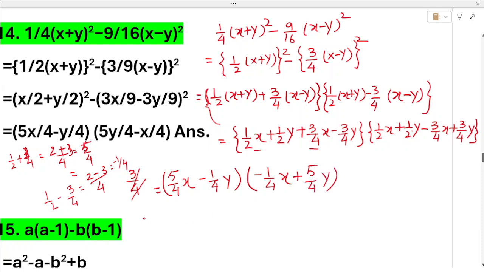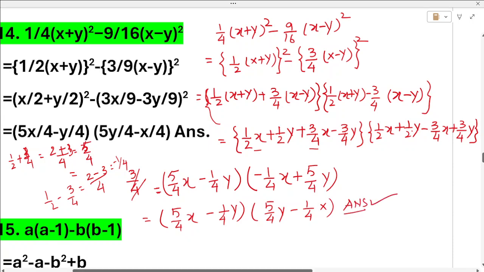So you should put it like this: 5 by 4 x minus 1 by 4 y multiplied by 5 by 4 y minus 1 by 4 x. Okay, so this is the answer for question number 14.